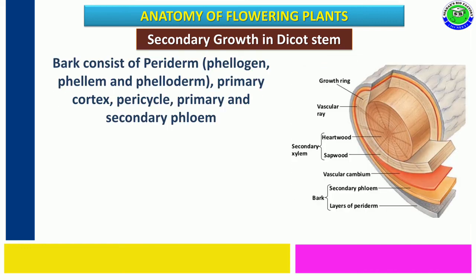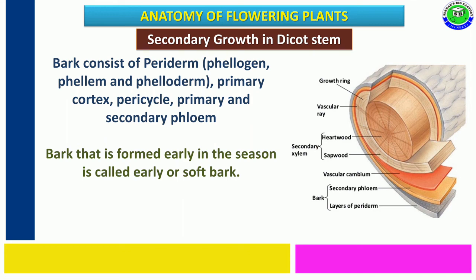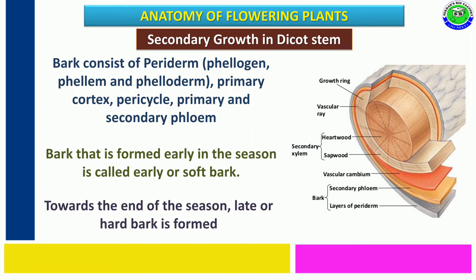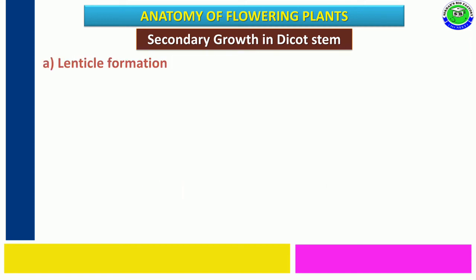The bark mainly consists of layers of periderm like phellogen, phellem, phelloderm, along with primary cortex, pericycle, and primary and secondary phloem. All this becomes bark on the surface of the stem. Bark formed in earlier seasons is called early or soft bark, and towards the end of the season, late or hard bark is formed during secondary growth.